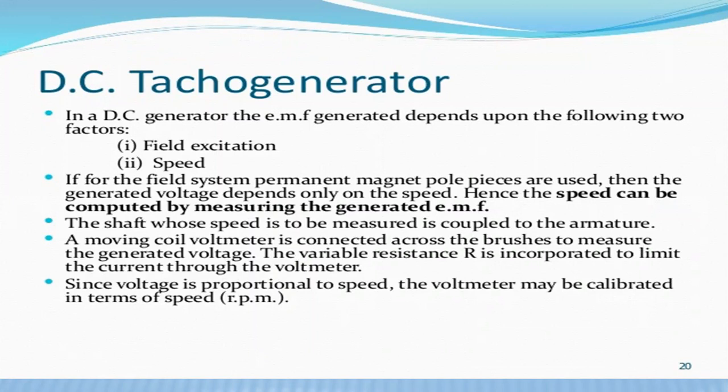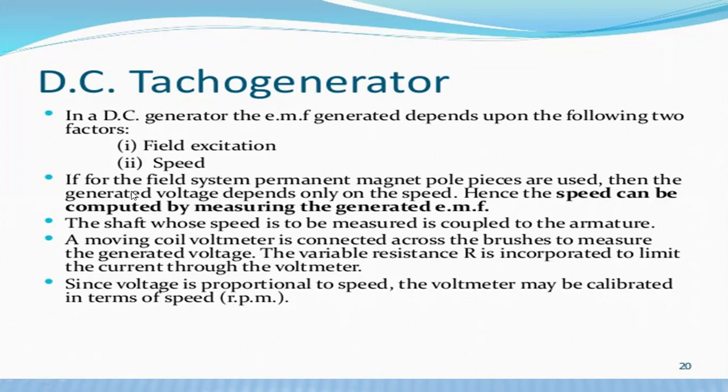In the DC tacho generator, the EMF generated depends upon the following factors: field excitation and speed. These are the two factors on which the EMF developed by the DC generator depends.